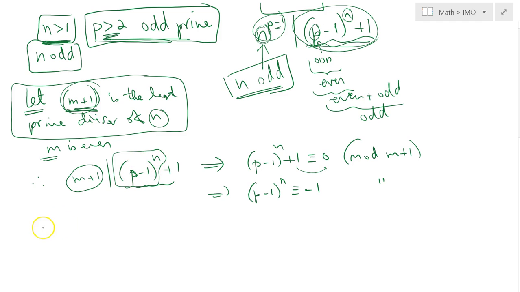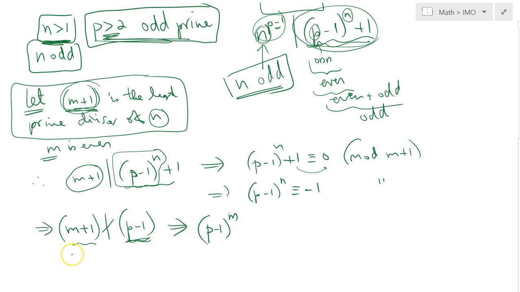This implies that p minus 1 is relatively prime to m plus 1. Therefore, if I apply Fermat's Little theorem, p minus 1 raised to the mth power is congruent to 1 mod m plus 1.